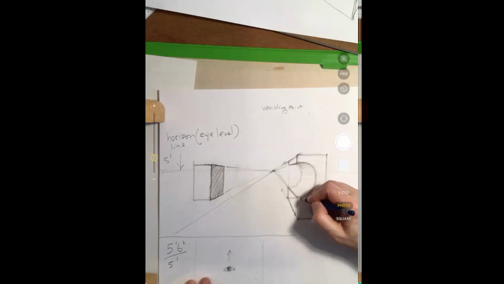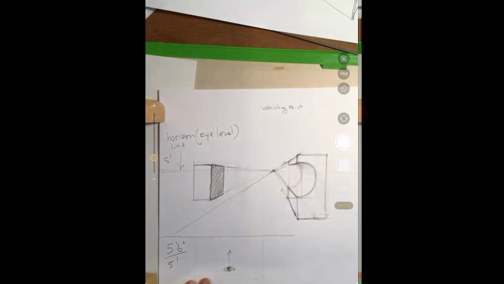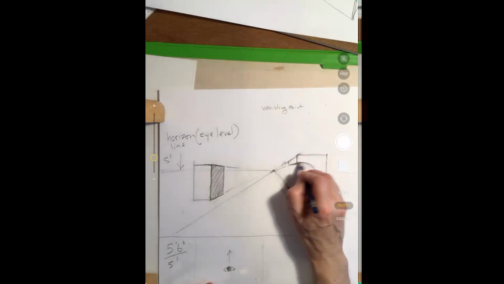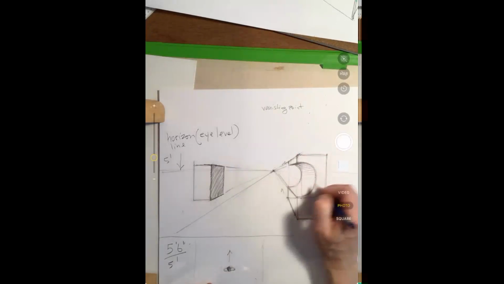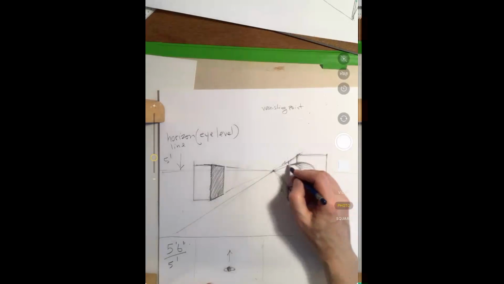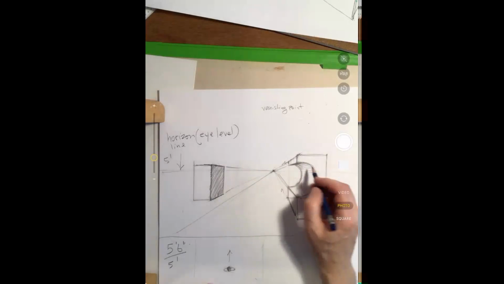Where it intersects the back corner there, I would go up, and I did get that about right. And then I'm just trying to imitate this curve in the back and make it match this approximately.